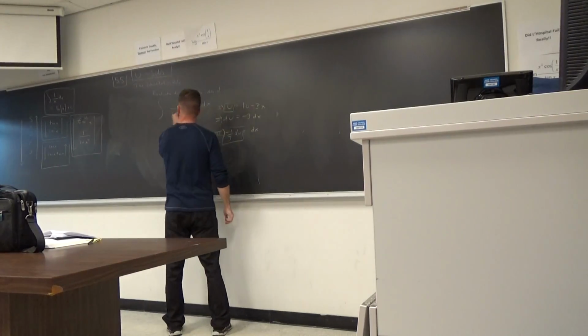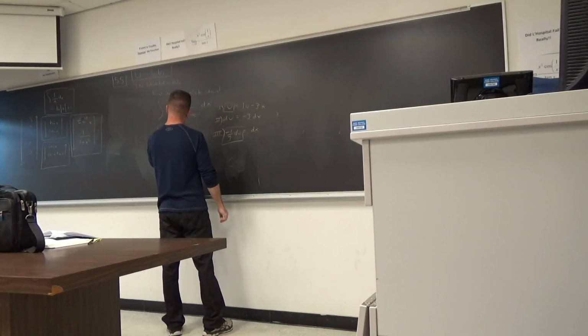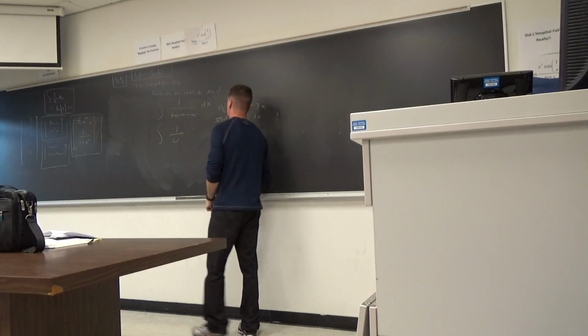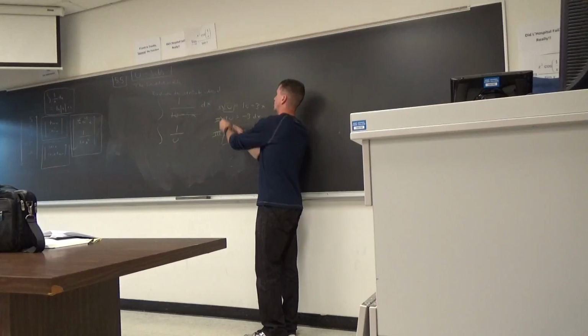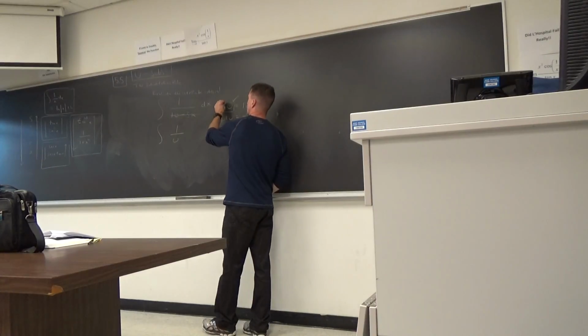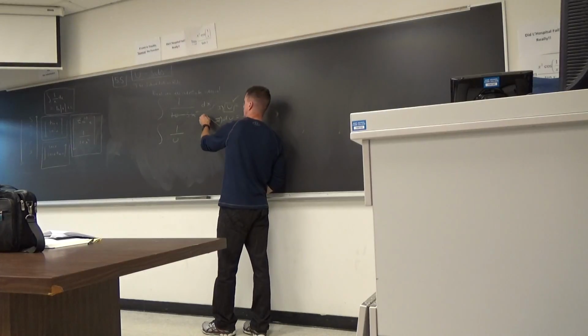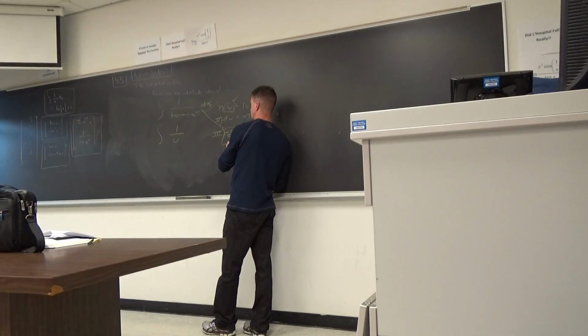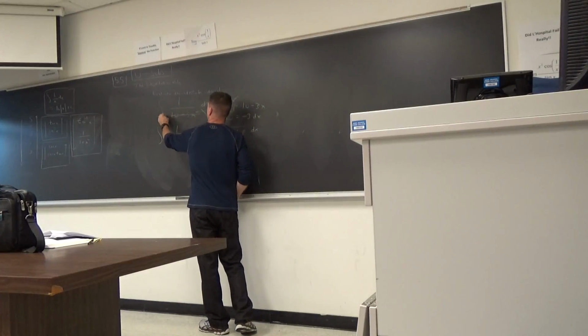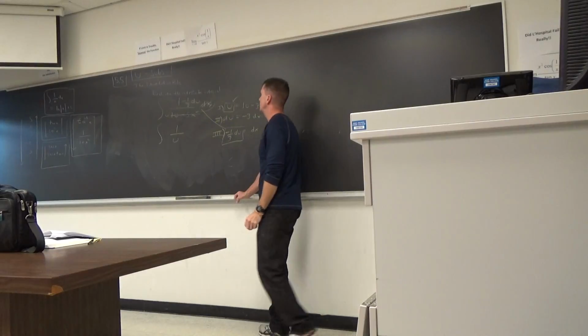What's this become? U. What's this replacing? 1 dx. The 1 dx goes out. You get negative 1/3 du.